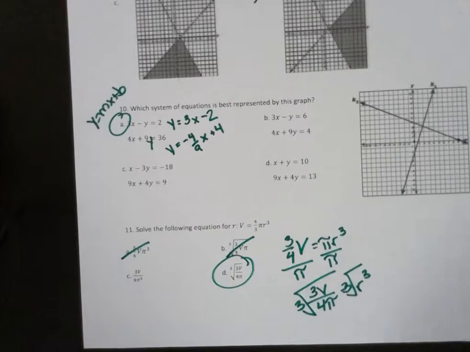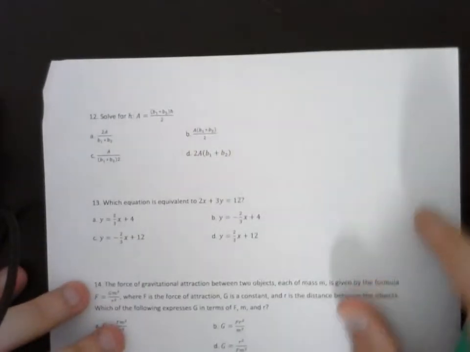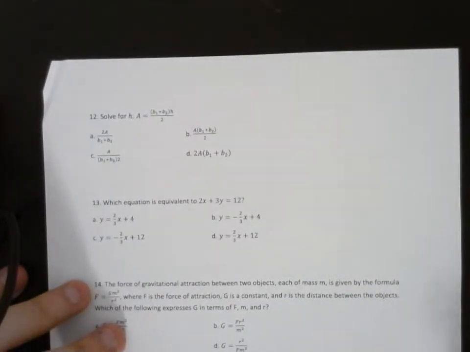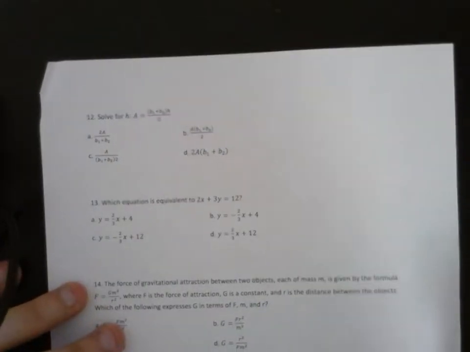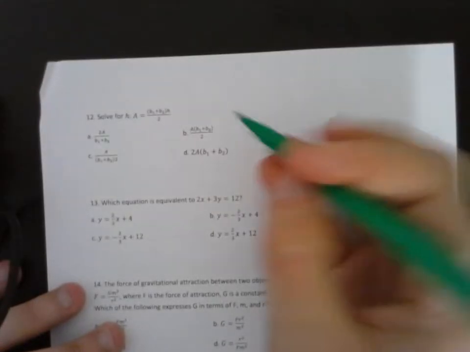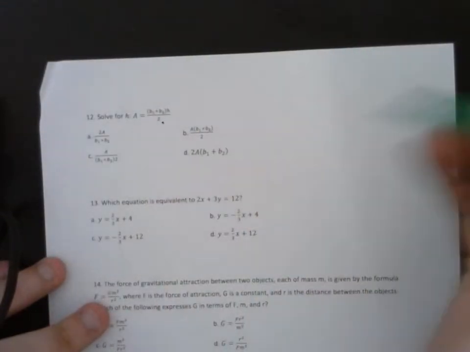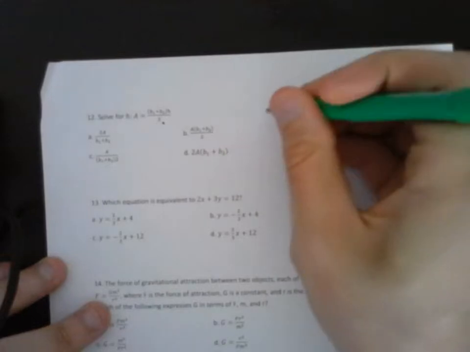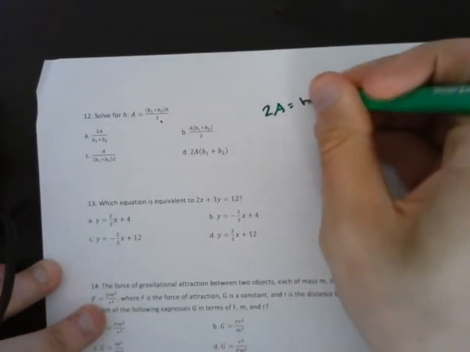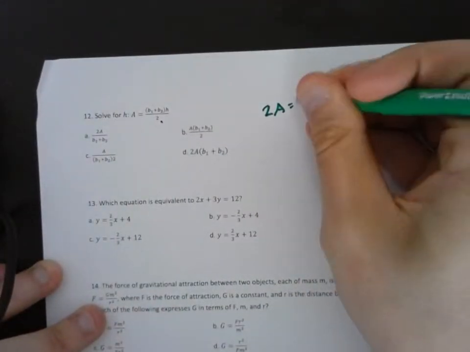Last 4 questions real quick. Are we focused? We kinda are. Solve for h. If I want to solve for h, I first have to get rid of this 2. This is division, and we multiply by 2 on both sides. And again, guys, this is your trapezoid formula.